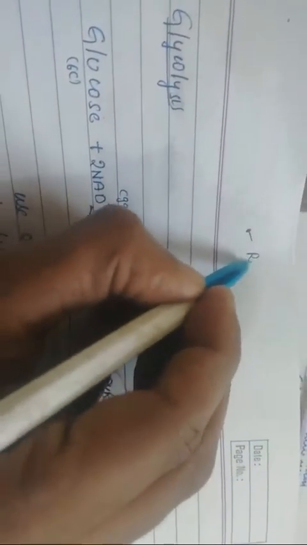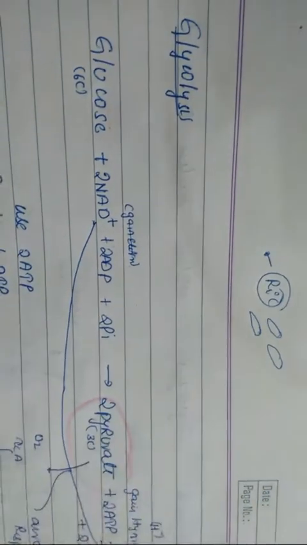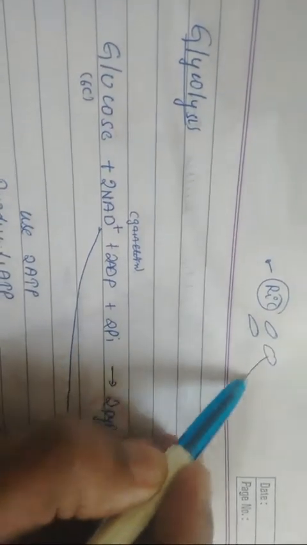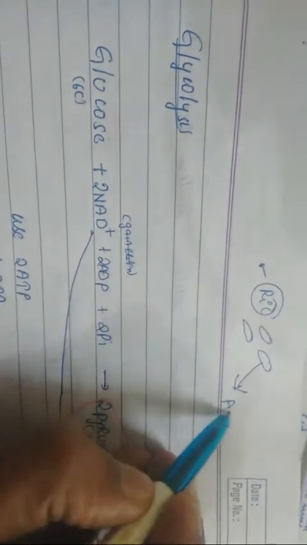Right now, suppose you eat rice in your dinner. Let us understand that the rice you have consumed, or you are going to consume, leads to the production of ATP.